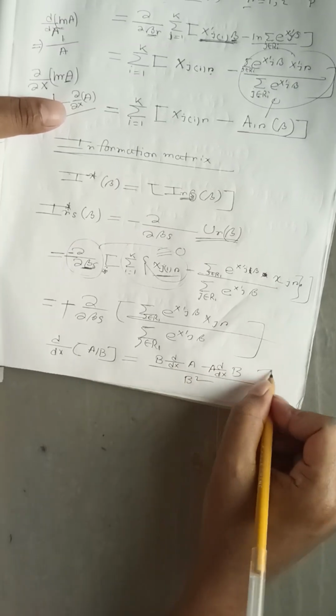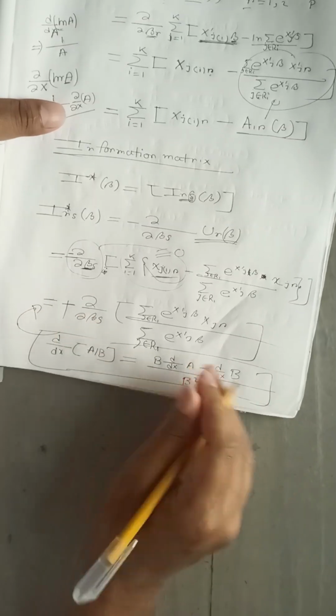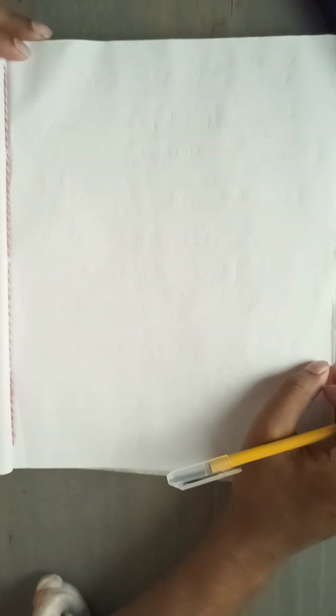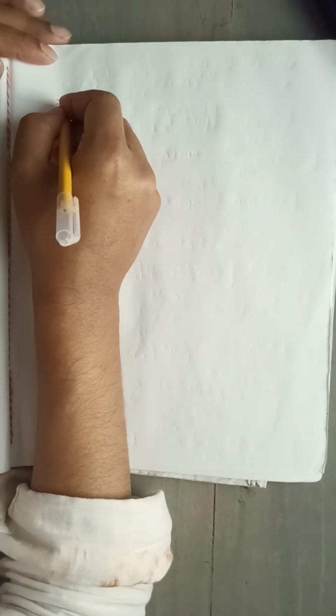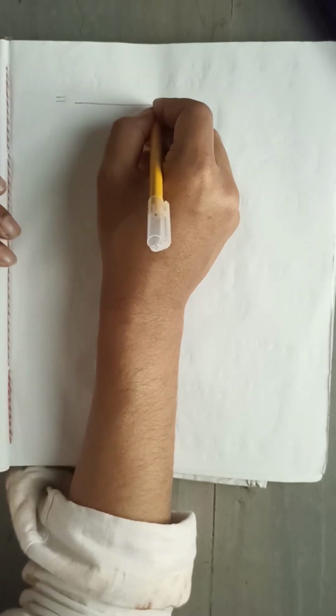So the formula looks like this, and we are going to apply it here. When you apply it here, we will have a big line.